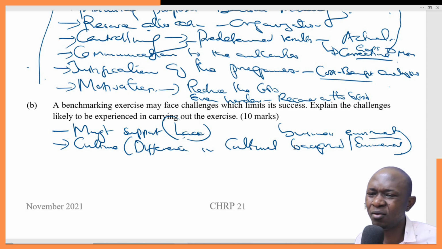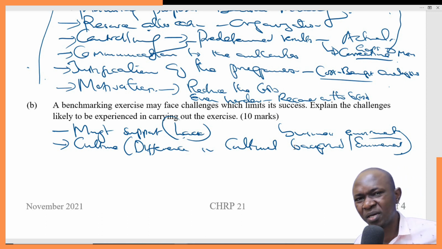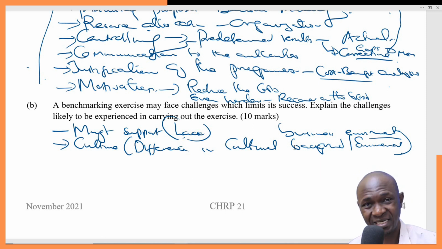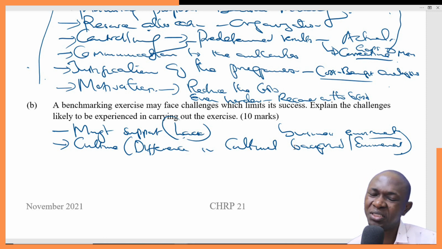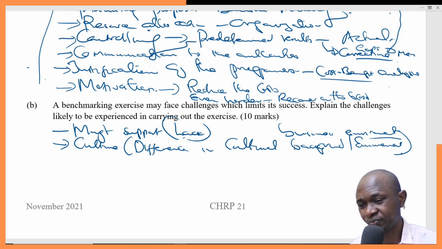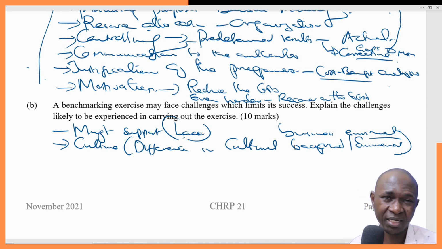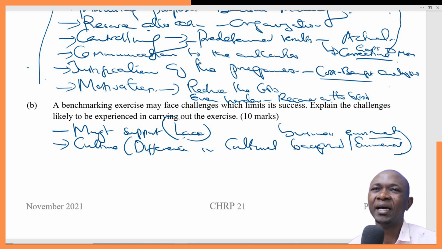Possibly, I would say if you want to benchmark, the best benchmarking should be done in an area where you share a lot of commonalities. You have homogeneous factors, you see a lot of similarities. Otherwise, if you go do benchmarking with companies with which there are literally no similarities or very few similarities, then chances are that the environments you're operating in might be a challenge.